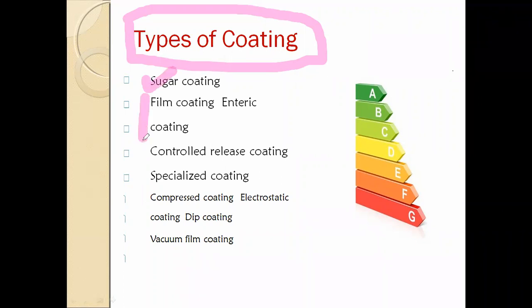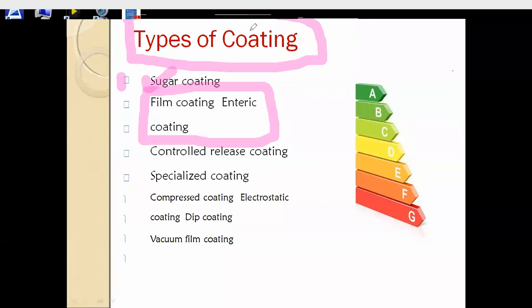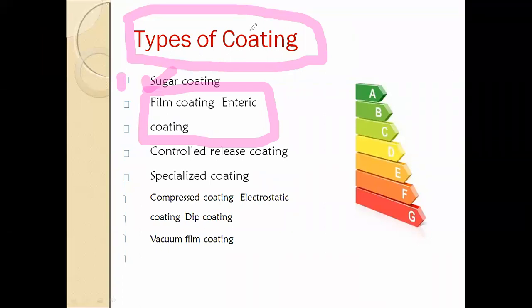Then the second type of coating is enteric coating. Enteric coatings come under a major class called film coating. So first is sugar coating, second is film coating. The third is controlled release coating, where we can have a functional coating given to the product.